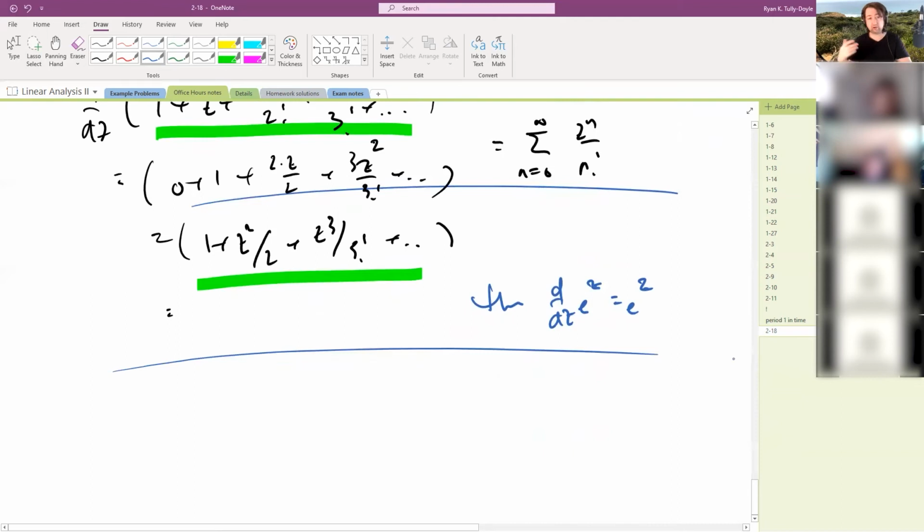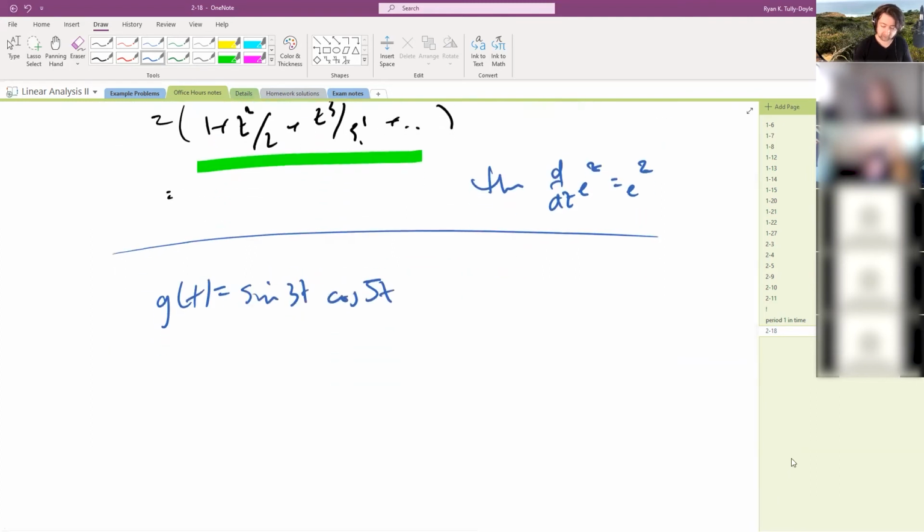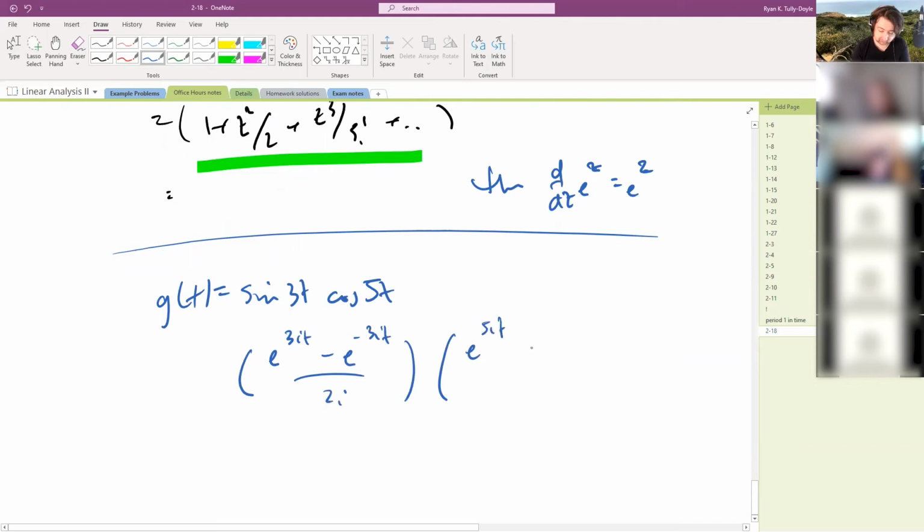Now, for part A, problem 1, when you have something like g of t is equal to the sine of 3t times the cosine of 5t, almost everybody on the quiz did this step correctly, which is they noticed that you could replace the sine of 3t with e to the 3it minus e to the minus 3it over 2i, and the cosine of 5t with e to the 5it plus e to the minus 5it over 2.